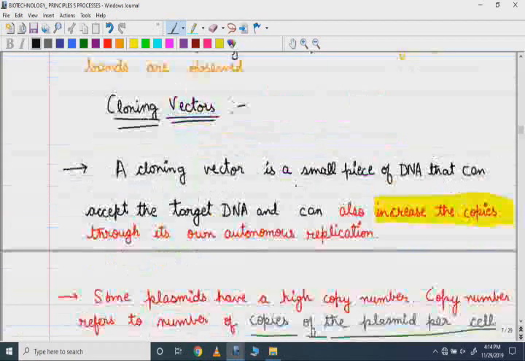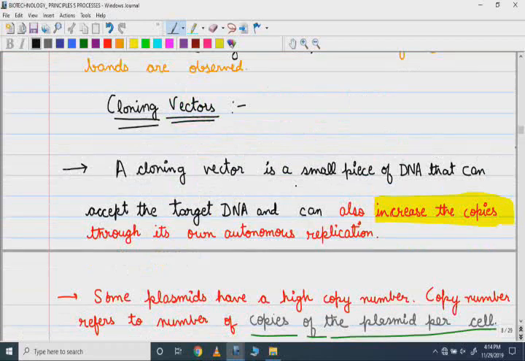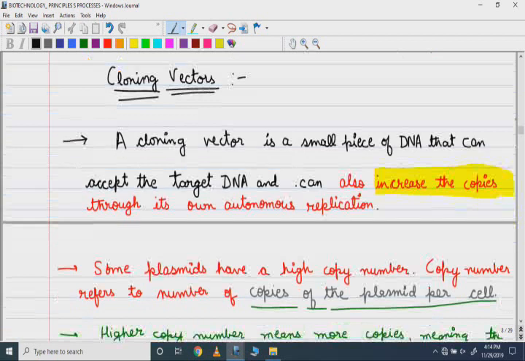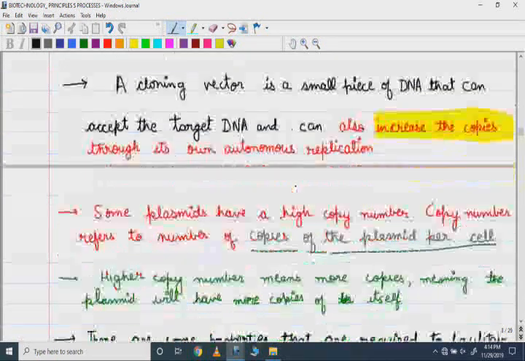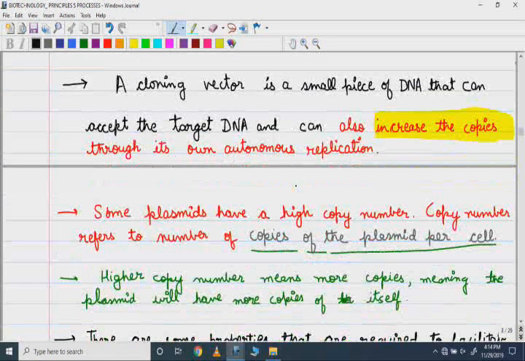Okay. A cloning vector is something which can increase the copies of DNA through autonomous replication. In this we have the theory that a cloning vector is selected on the basis of the copy number of that plasmid. Each plasmid has its own specific copy number.